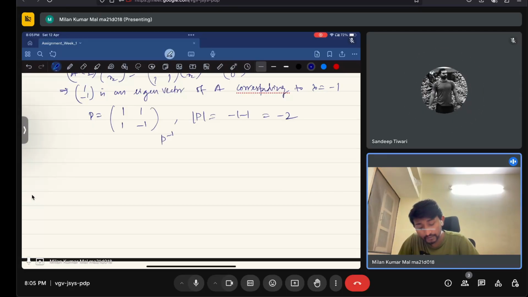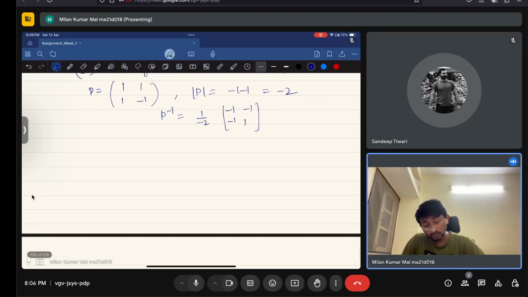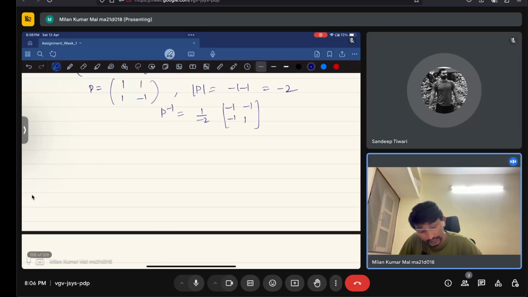Okay, so what is P inverse? P inverse equals 1 by minus 2, that is the determinant, into the adjoint. And the adjoint: the diagonal entries will be interchanged and the cross-diagonal entries will get a minus sign. So minus 1, minus 1, minus 1, 1. But it has to be equal to P transpose.